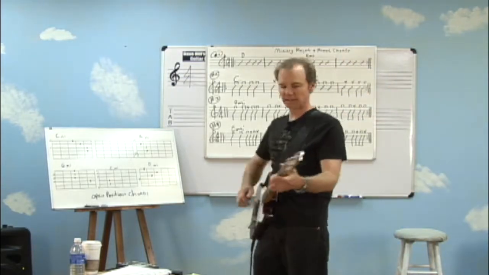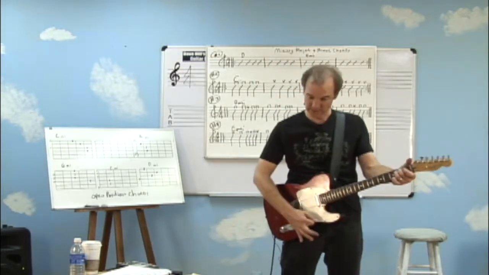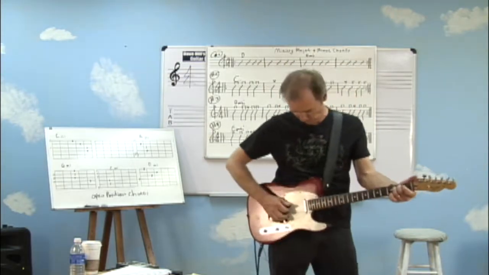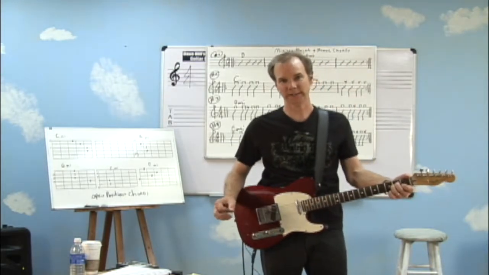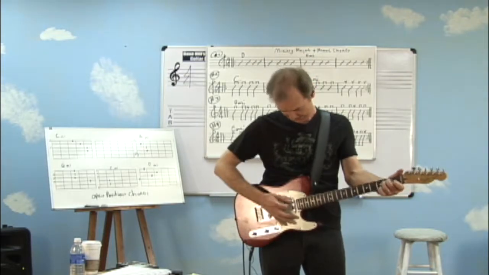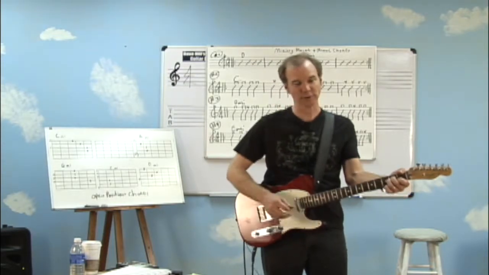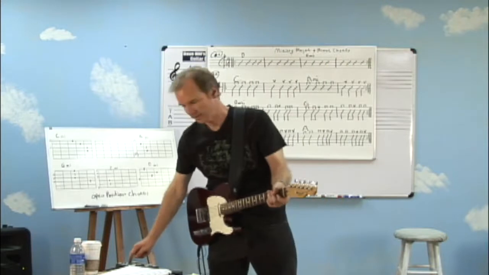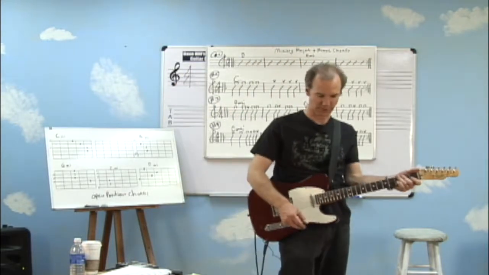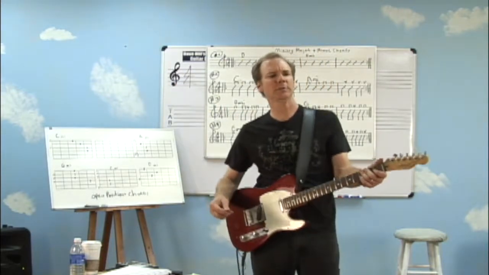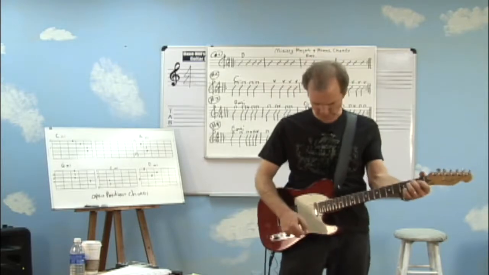Okay, let's get into the open E minor and A minor. Big full sounding chords that we learned last lesson. Okay, those are really good together too. Let's go back to our drum machine here. Let's put those together into just a basic strum. 2, 3, 4.